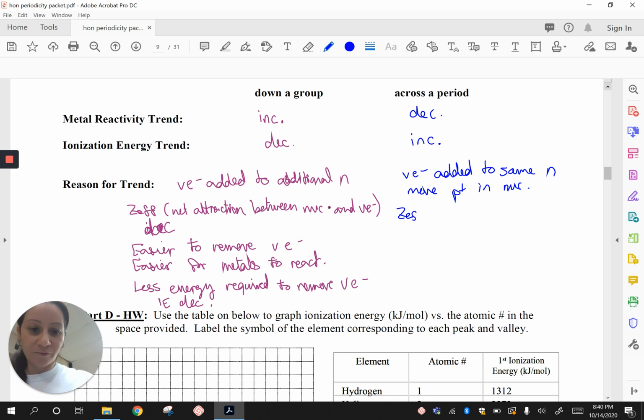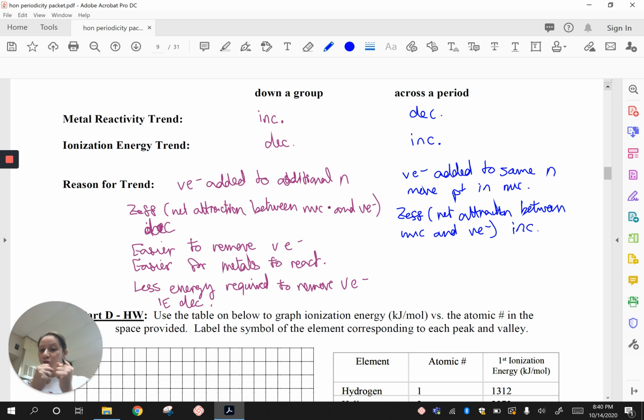So ZEF, which is the net attraction between the nucleus and the valence electrons, gets stronger, it increases. Okay, well, if there's strong attraction, is it easier or harder to remove the electron? Because metals react by removing electrons, right? So you think, oh, well, then what happens if there's a strong attraction? Well, if they're really strongly attracted, then it's harder to remove an electron.